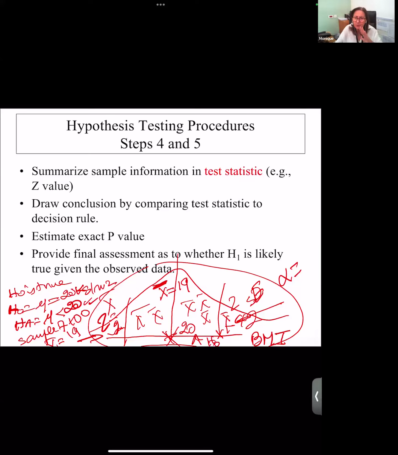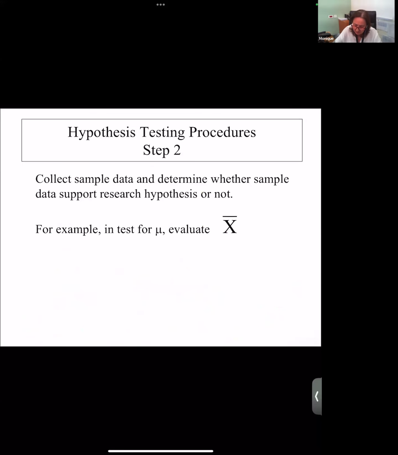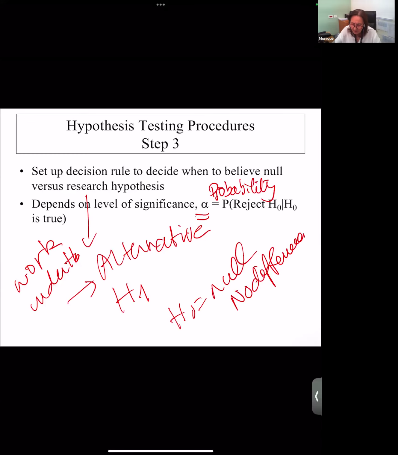Again, you will see it all, but let me go on. I'm just explaining the steps. So first I put the hypotheses, I collected the data and calculated my mean or my probability, and then I decide that anything in the 5% at the very end, I'm going to reject H0.